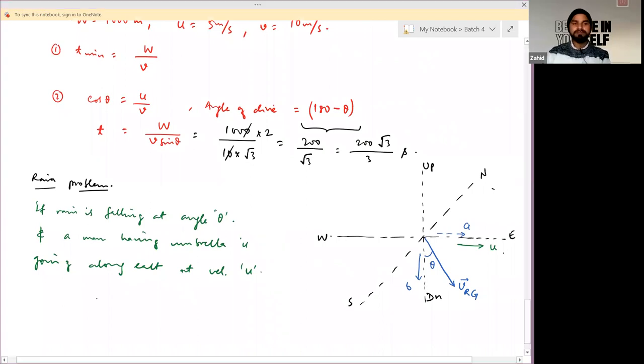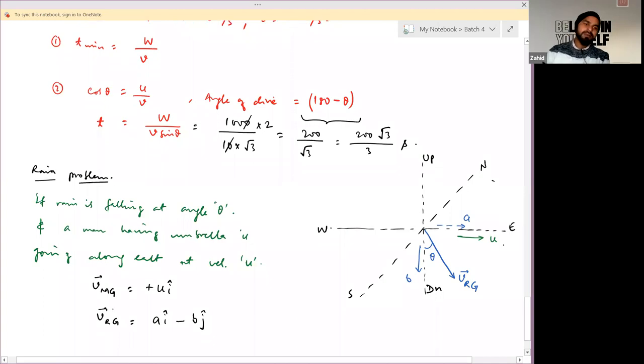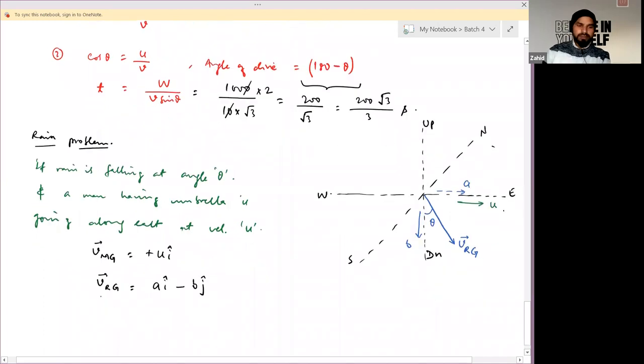Let's say first, velocity of man with respect to ground is along x-axis, so it will be plus of u i cap, and velocity of rain with respect to ground having two components, one is along x-axis a and one is along y-axis, so minus of b j cap. So using these two terms, we may define first velocity of rain with respect to man.